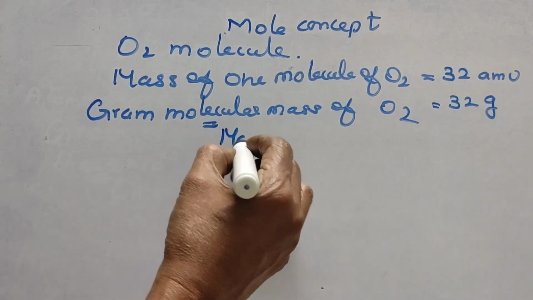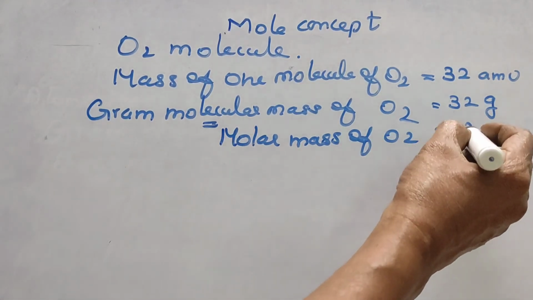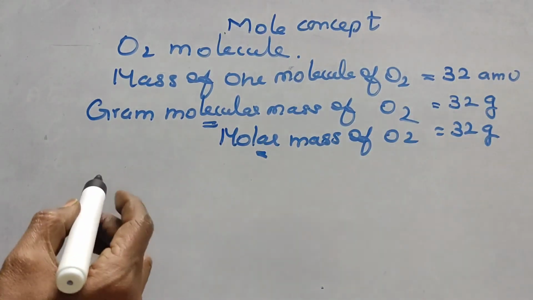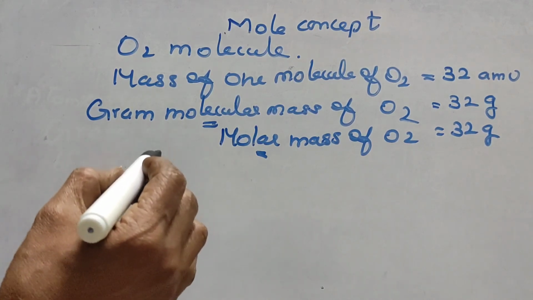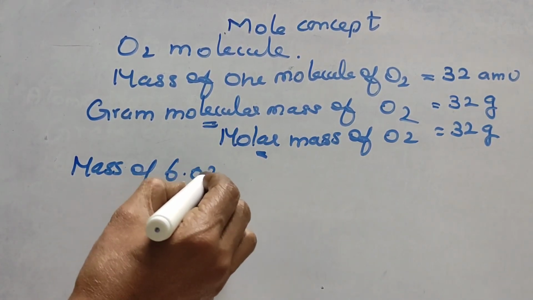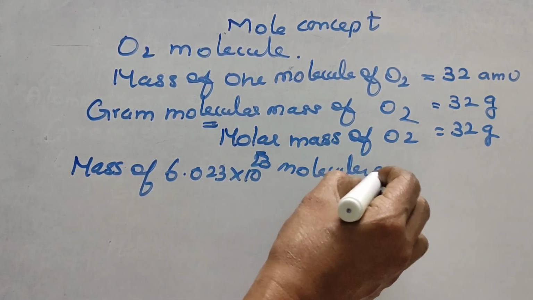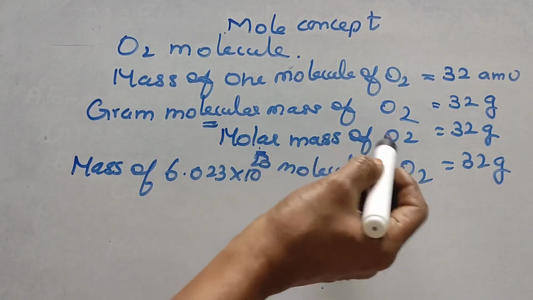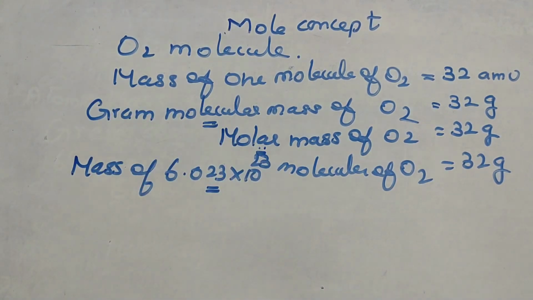We can call it molar mass also. Why? 32 gram of oxygen contains 6.023 into 10 to the power of 23 molecules of oxygen. So the mass of 6.023 into 10 to the power 23 molecules of oxygen is 32 gram. It contains 1 mole of substance, so it is called molar mass.